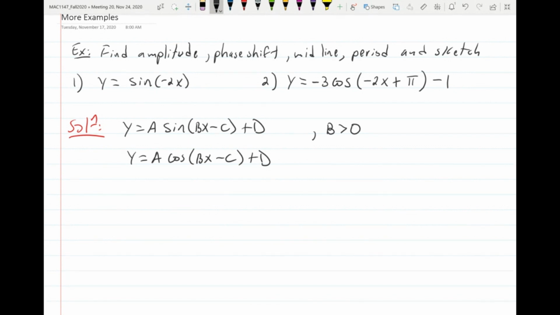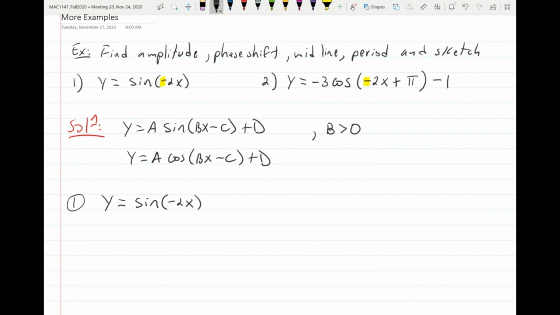So our first job is to make sure that we have the function that we're given in this format. Notice that I purposely put a negative here and a negative here because I want you to understand how to deal with this if this were to happen. All right, so let's do this. The first one: we have y equals sine of negative 2x.